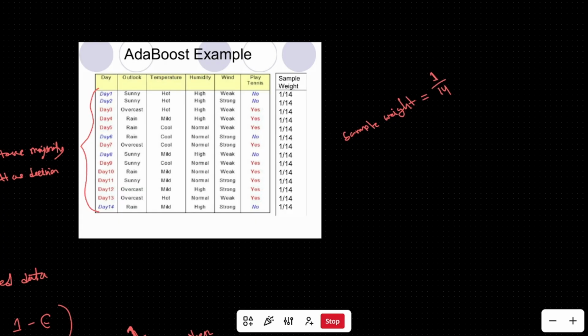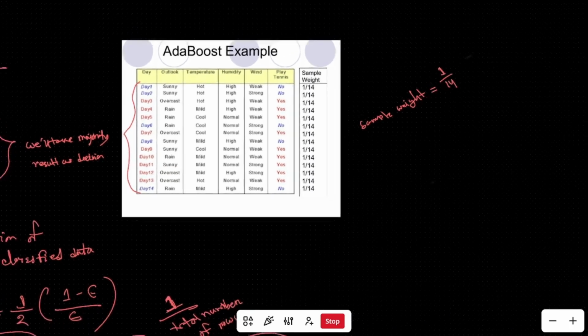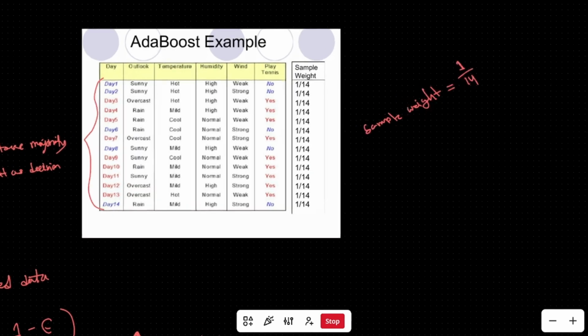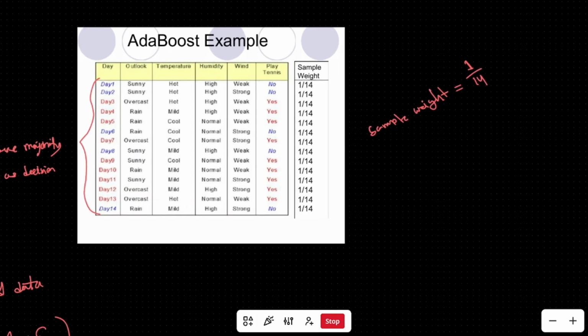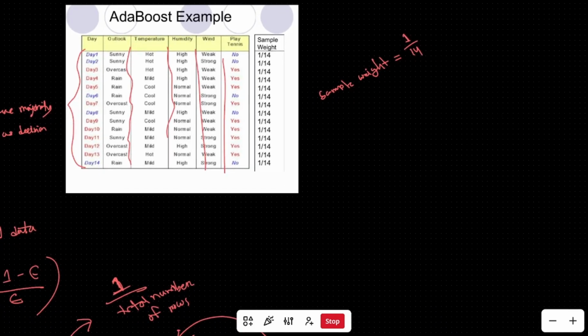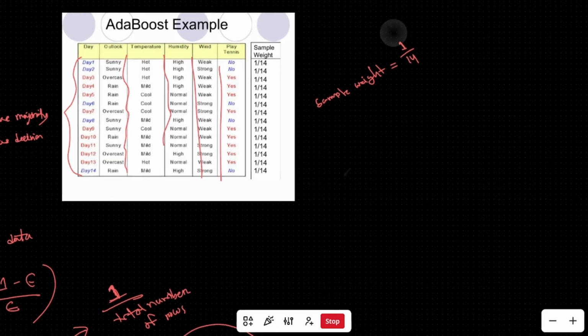Then we have to find the root node using Gini impurity. As we already know Gini impurity, we are not repeating it here.